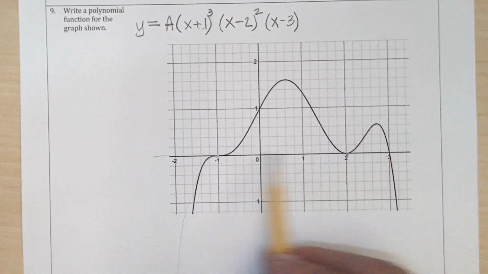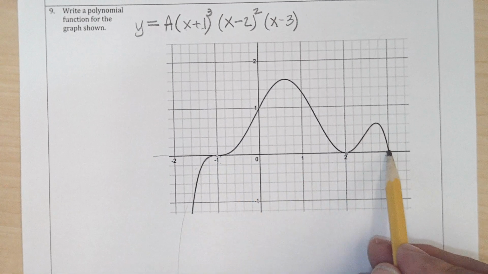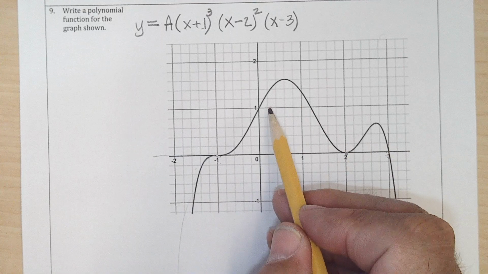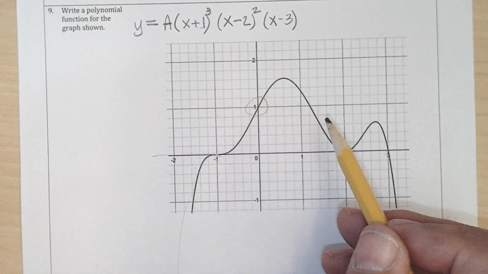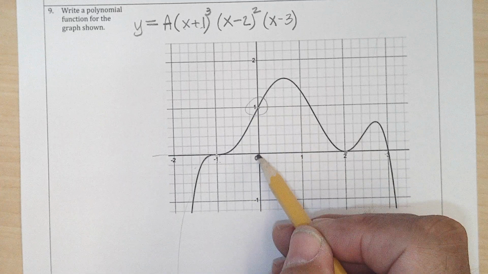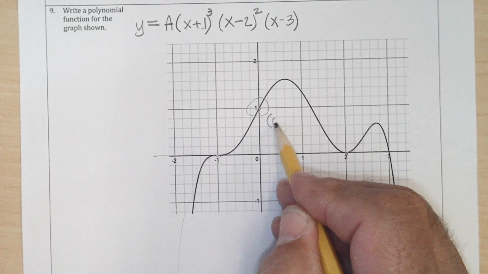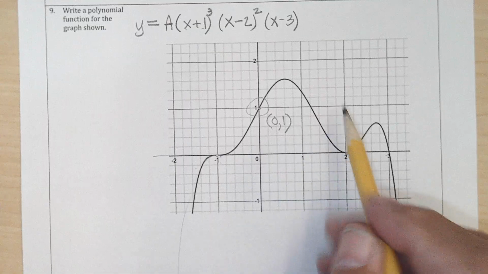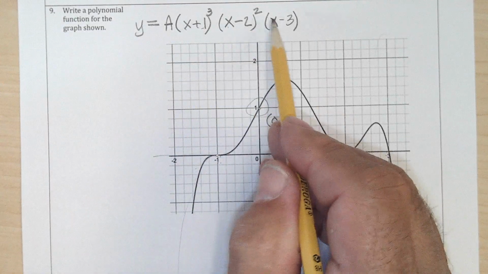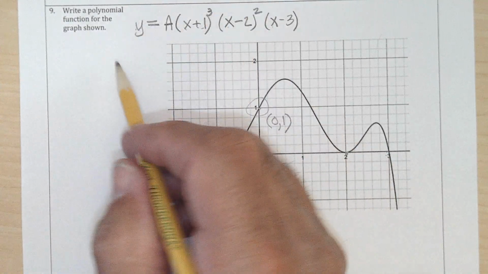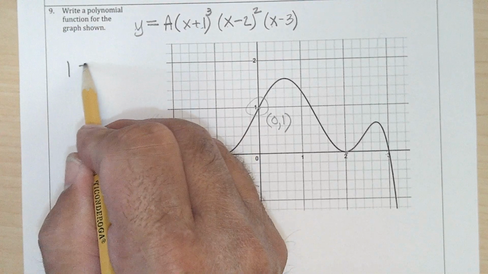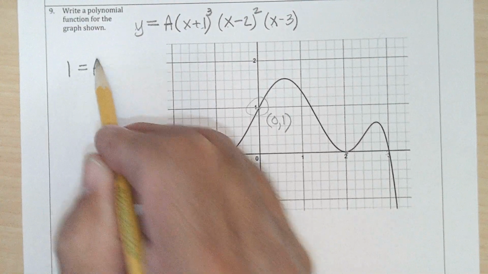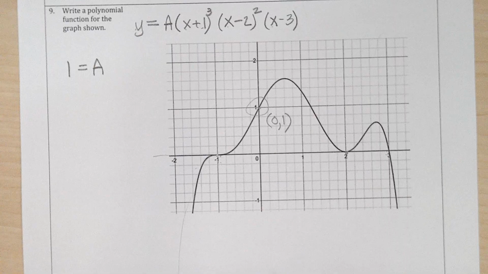And pick some point besides these x-intercepts, those zeros, those roots. And here's a nice one. It looks like it goes through 0, 1. So if I put 0 in for my x's, I'm supposed to get 1. So I'm going to write down 1 equals whatever I have to multiply by.